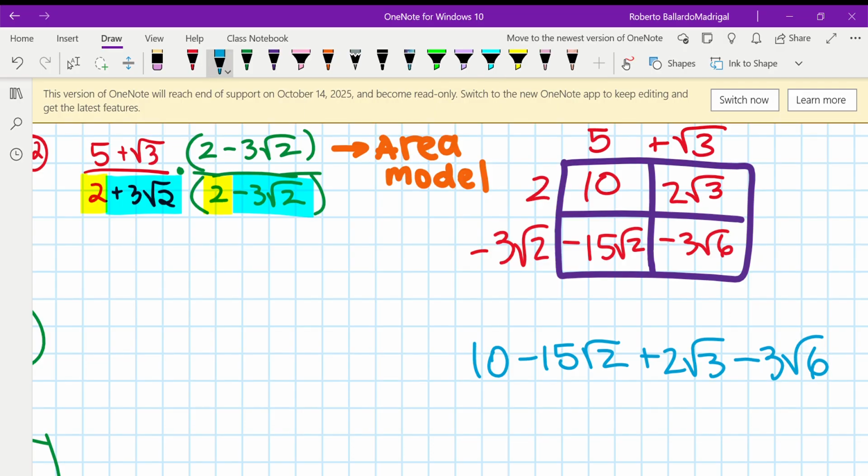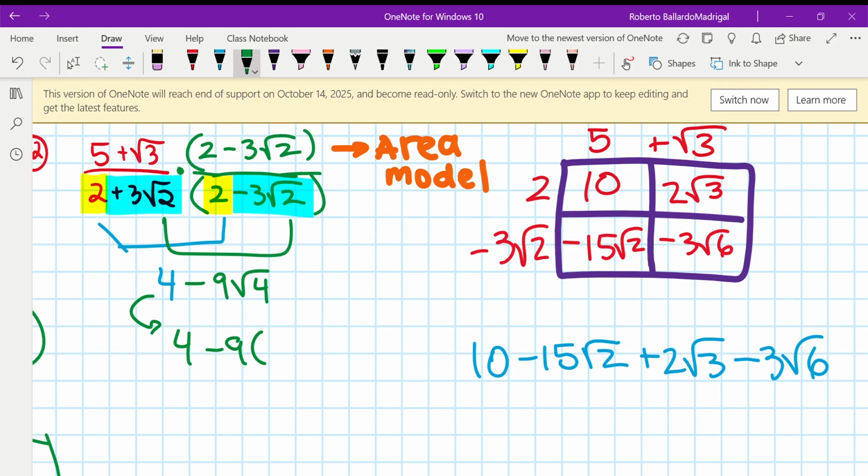So what do we get from that? Well, 2 times 2 makes 4. And then when we multiply these two, positive 3 and negative 3 makes negative 9. Radical 2 and radical 2 makes radical 4. We can, of course, simplify that because the square root of 4 is what? 2.